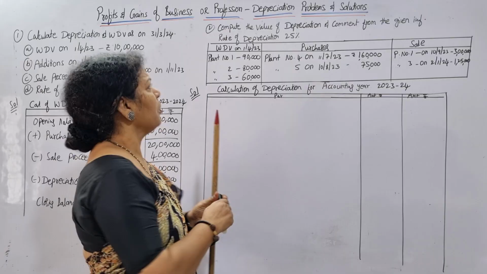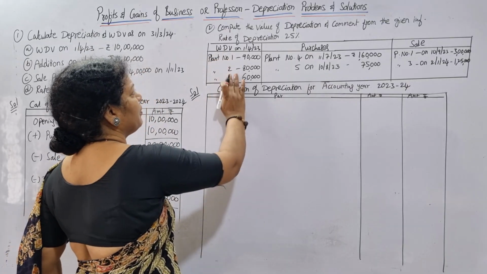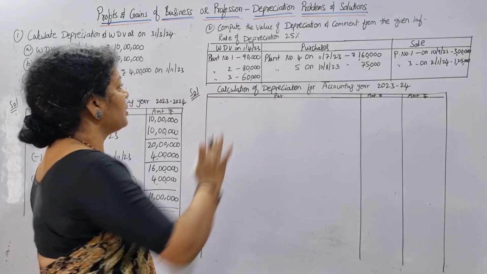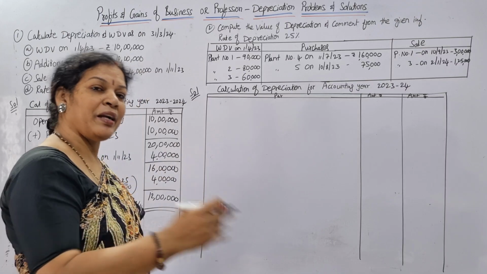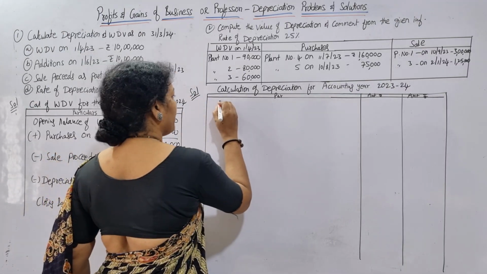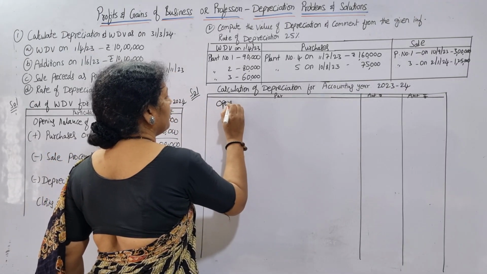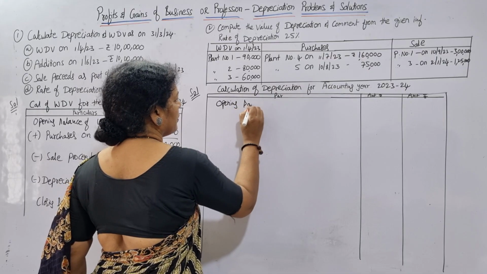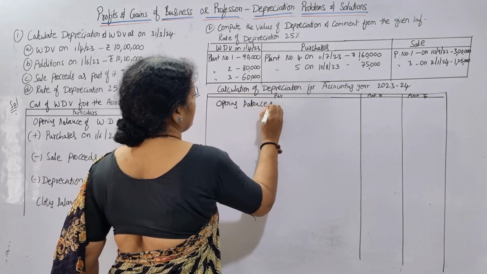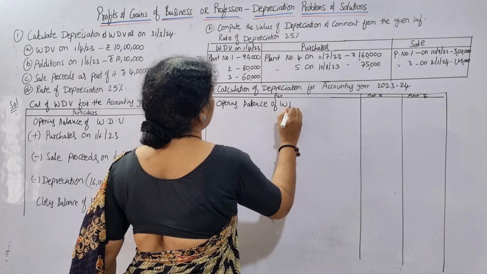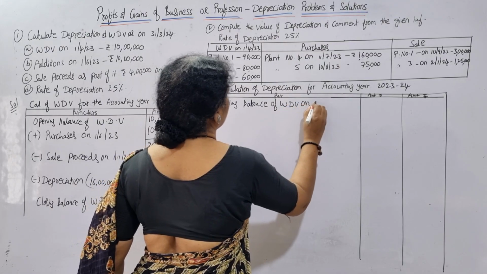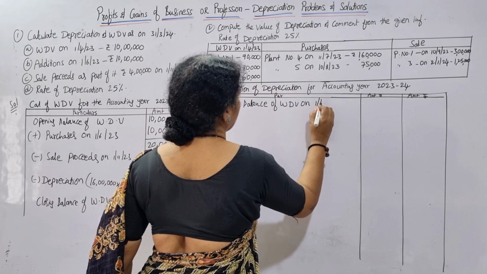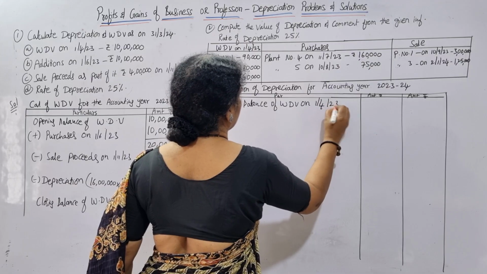Okay, same thing. Now here we'll say opening balance of WDV, 3 plants are there. 3 plants we will take directly. So we'll write here opening balance of WDV on 1/4/23.